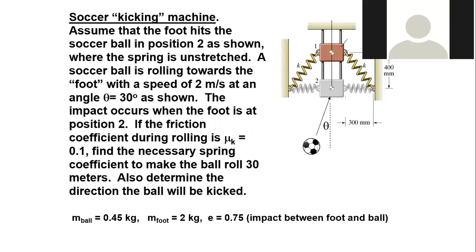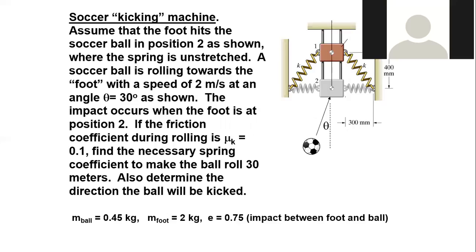Okay, so if you look in here, you want it to go 30 meters, right? Yeah. So that's kind of the end goal. So what's going to make it go 30 meters? How could you figure out just that part? It wouldn't be impulse momentum, would it?